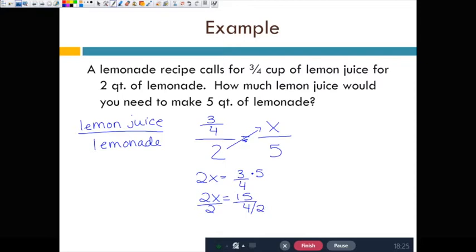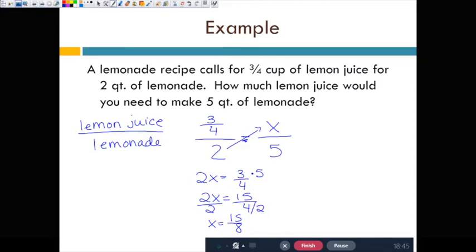So I'm dividing 15 over 4 by 2. Okay? So I can multiply 4 times 2 and get what? 8. So this would be the same as x equals 15 over 8. But I wouldn't say 15 over 8 cups, would I? I would make this into a mixed number.